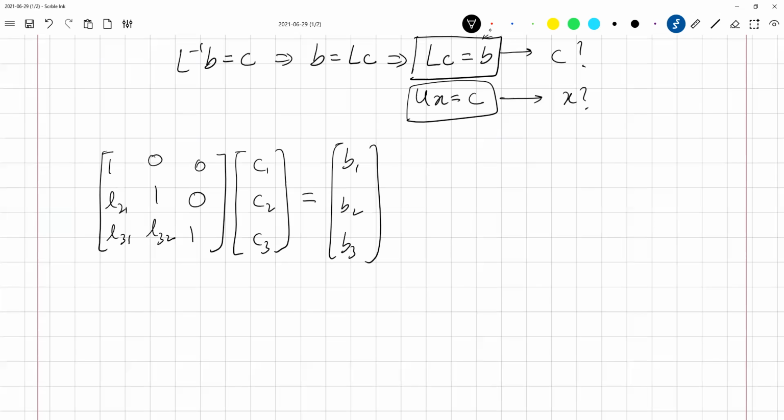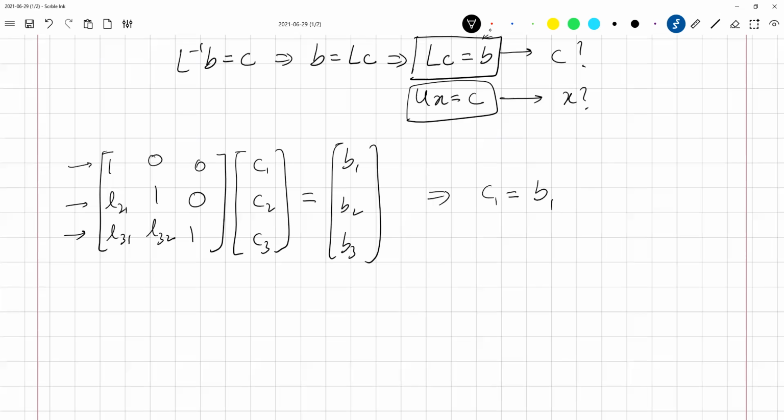So how will you solve this equation? The linear equations are there. In which order will you solve them, top to bottom or bottom to top? You have three equations here, 1, 2, and 3. Top to bottom. So this directly gives you C1 is equal to B1.